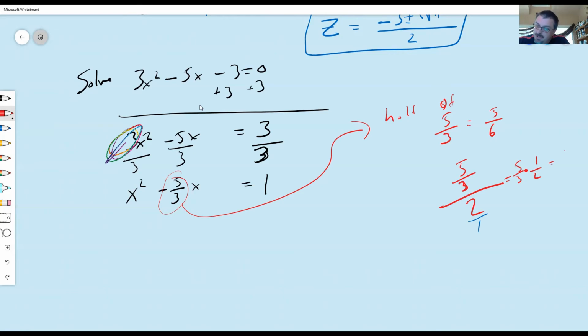Across top, 5 times 1 is 5. Across the bottom, 3 times 2 is 6. So we're going to add 5/6 squared to both sides.